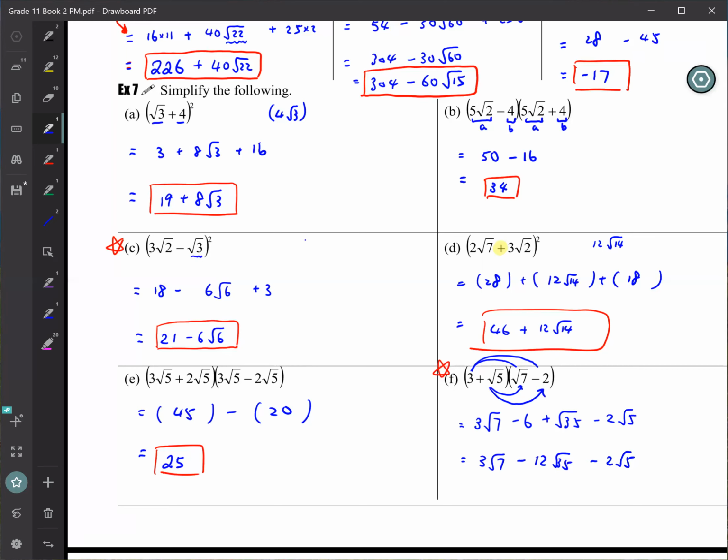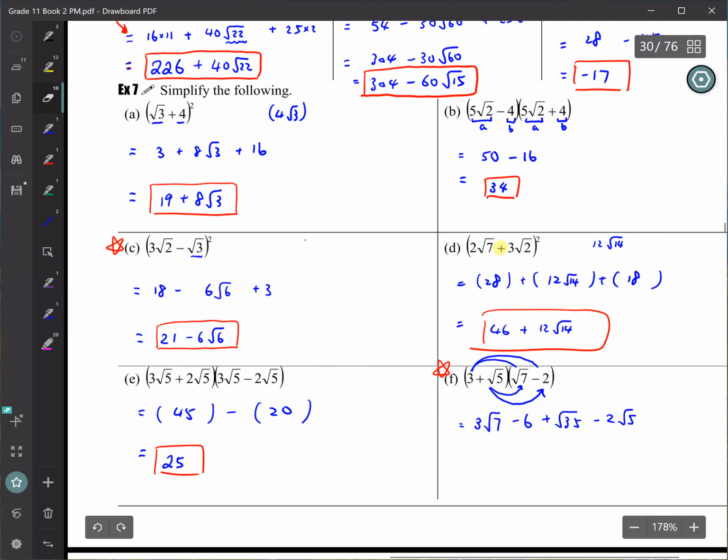Yes. So where do you have a negative 12 root 35? Where's that come from? I forgot where I got it from. Okay, so is there anything we need to do for this now? No. Nothing the same, right? 35, you can't take anything out. 7, you can't take anything out.